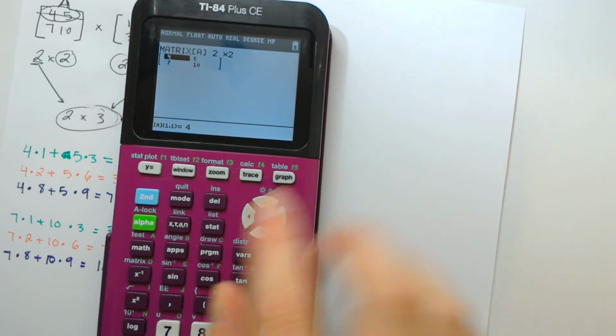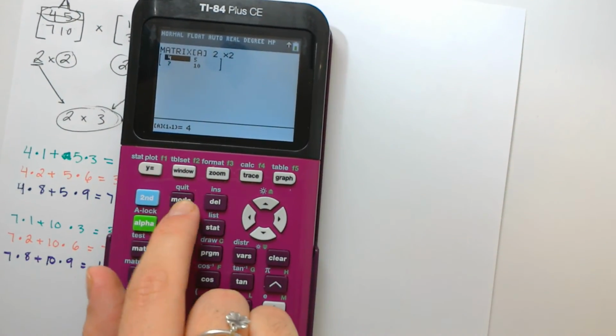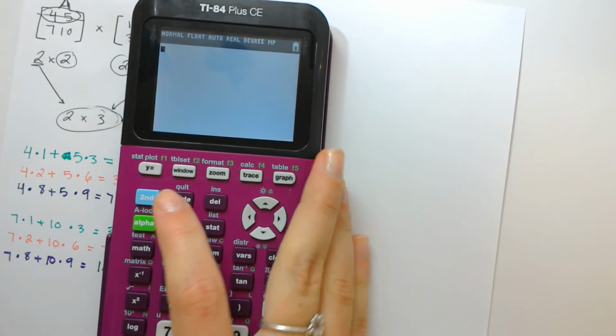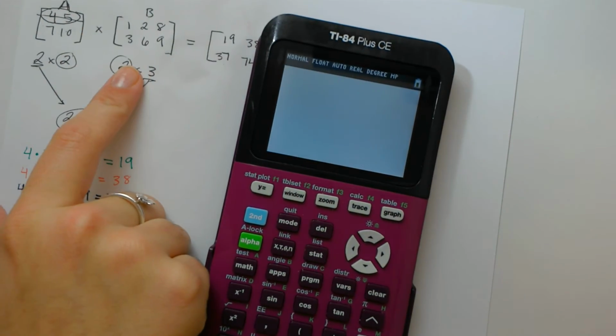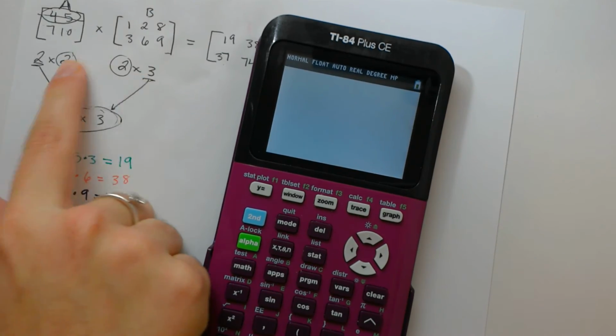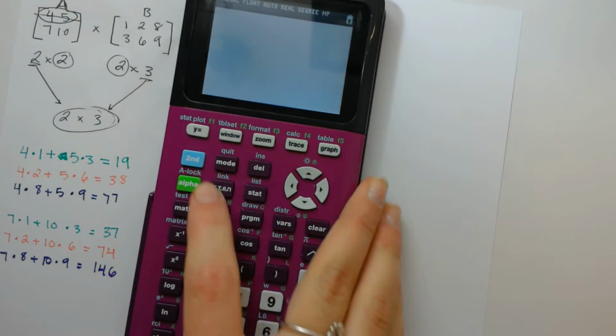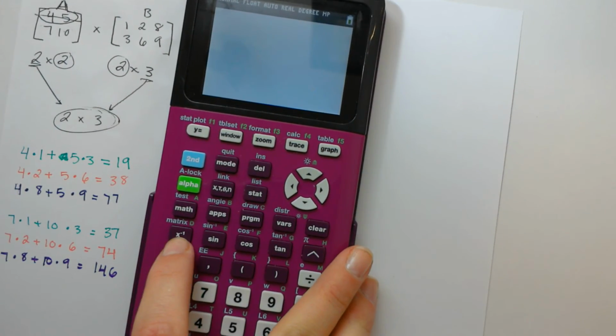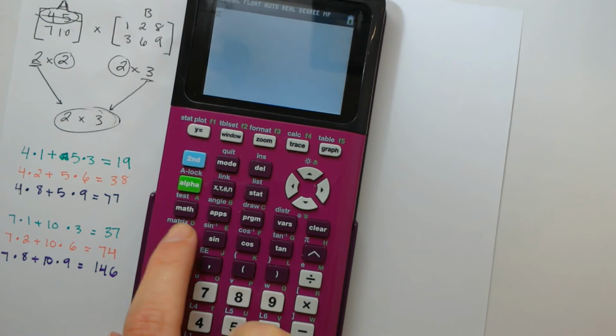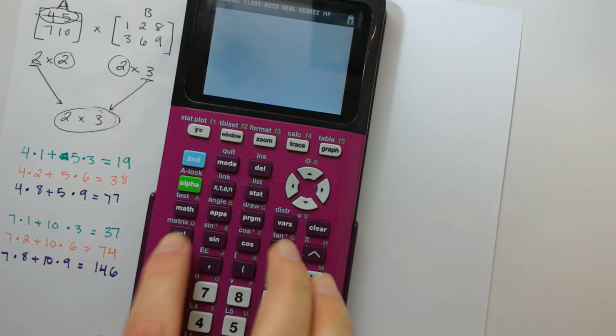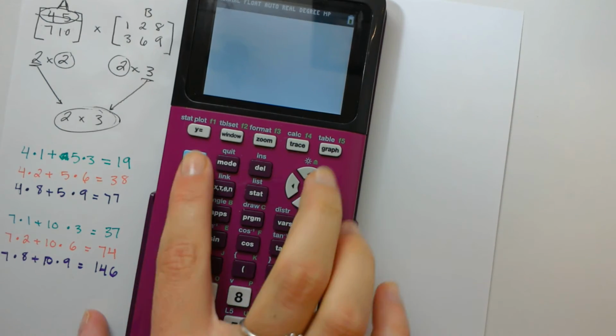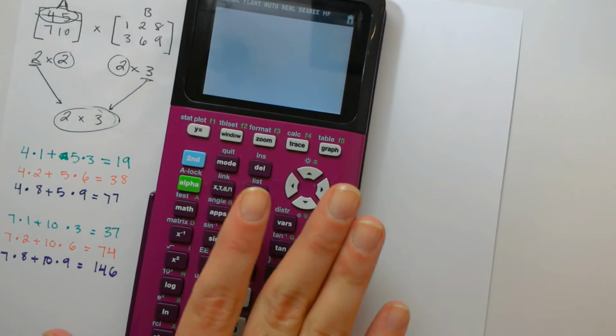Then you have to quit, so second, mode, and then you're going to do it again because you also need to input your B matrix since you're multiplying them. So you have second, x inverse, which shows you on the top that it's matrix, so just make sure that your buttons follow the same way that mine do.